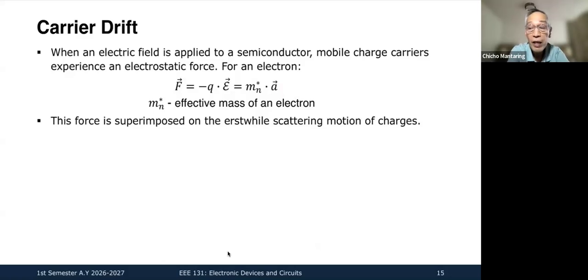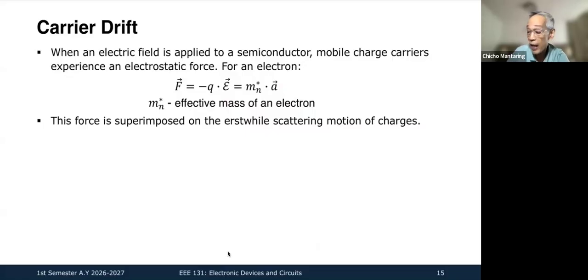And if you have charges that are in the conduction band, they will be constantly colliding with either other charges in the conduction band or with the nuclei of the lattice atoms. So these are constantly in motion. Now, if there's no electric field, that motion is completely random. So there is no net flow of charge, but these charges will be in motion.